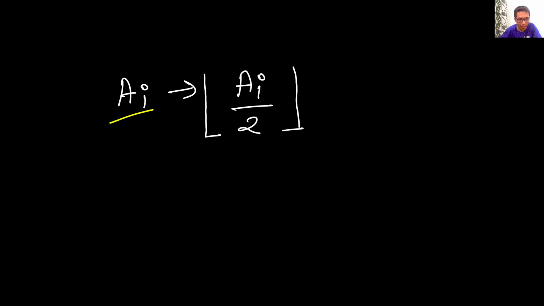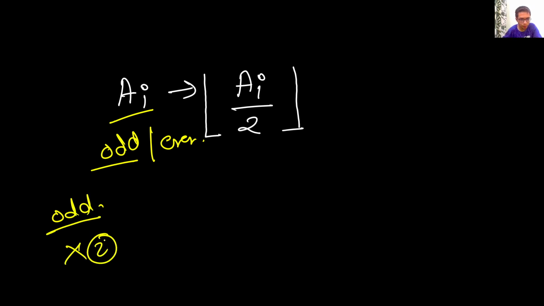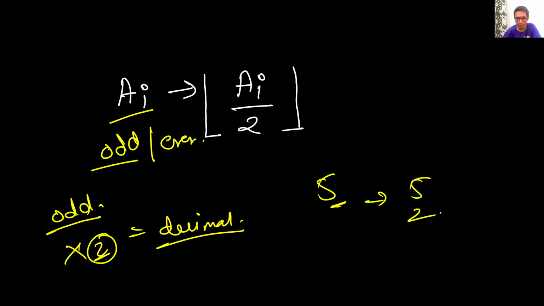Now, Ai could either be odd or it can be even, right? If Ai is odd, then it won't be divisible by 2. Hence, dividing an odd number by an even number would result in a decimal number. For example, if we have 5 and I divide this odd number 5 by 2, then I'll get 2.5.